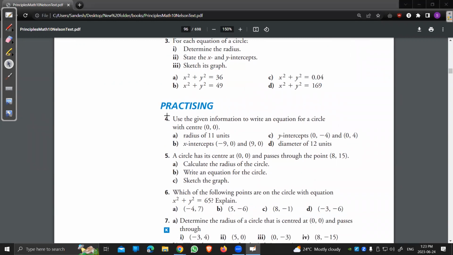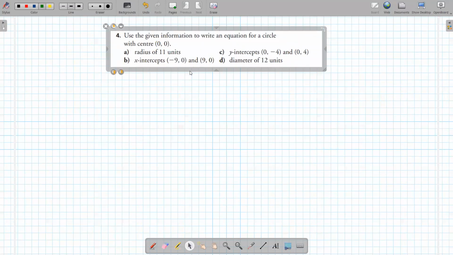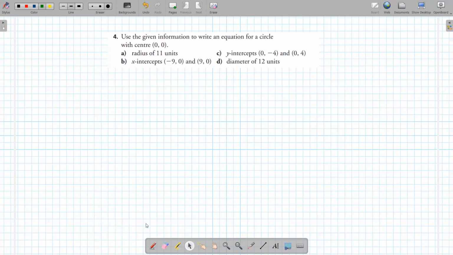Let's look at the next question here. Use the information to write an equation with a center at 0, 0. Super simple. Part A, radius of 11 units. X squared plus y squared equals what, if the radius is 11? 121. B, x-intercepts as -9 and +9. So what is the radius?